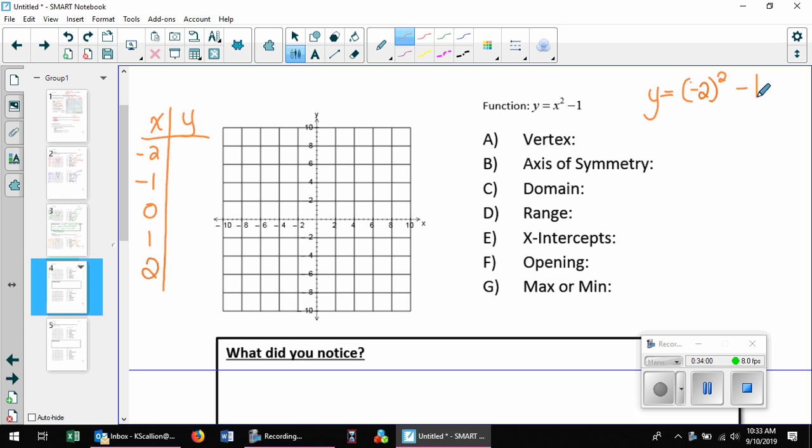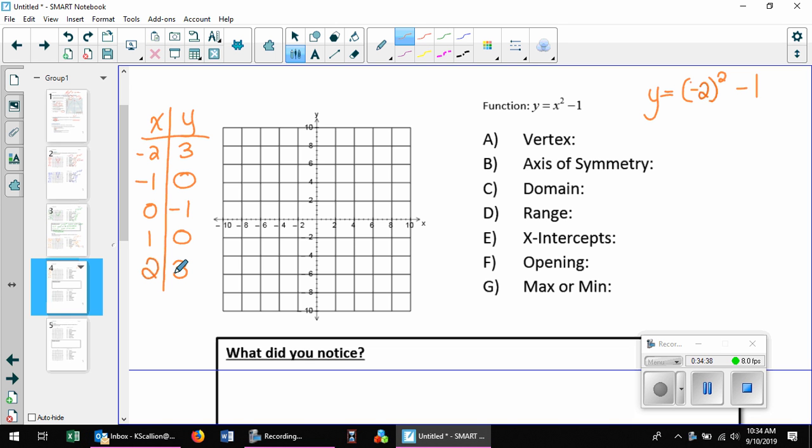-2, -1, 0, 1, 2. Okay, what's my y value here? -2 squared is 4, but now I'm subtracting 1. So -1. If you can't tell the vertex from here, there's a lot of 1s and a lot of 0s, and you know it's somewhere around there, but which one?